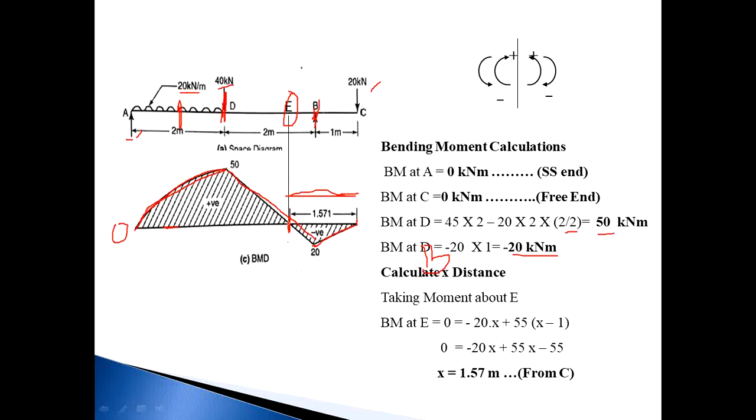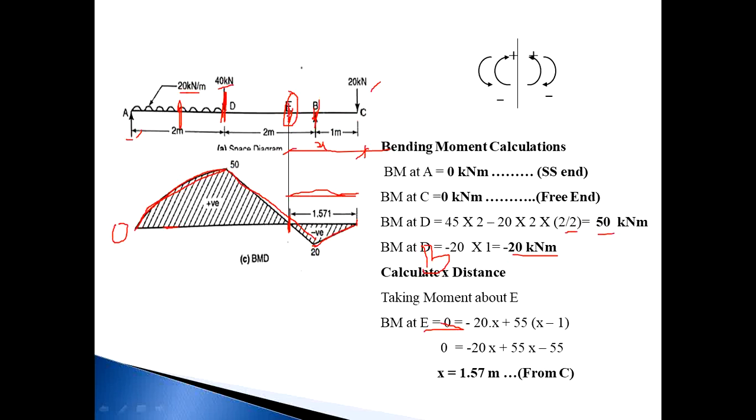I know the bending moment at this point: bending moment at E is equal to 0 because this line cuts the baseline. Consider the point E at a distance x. This is the x distance from point C. EC is the x distance.